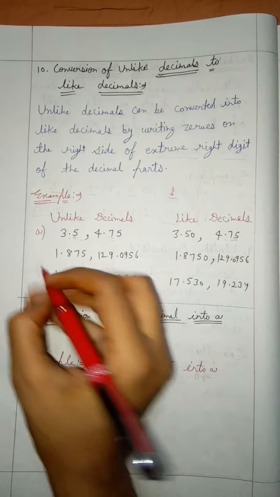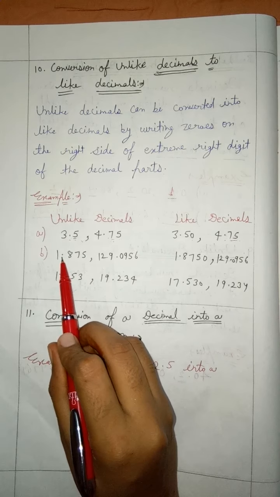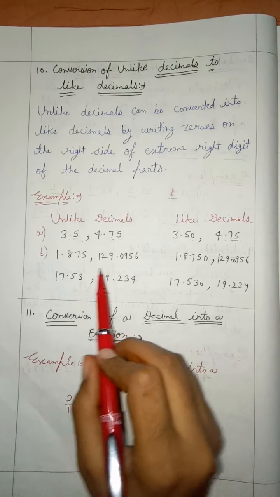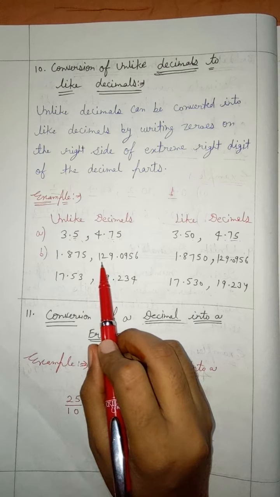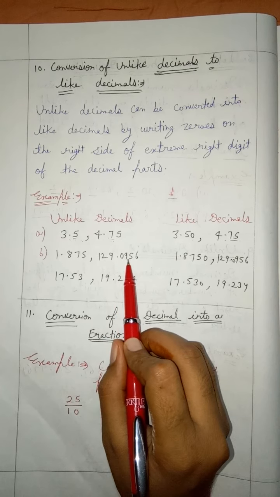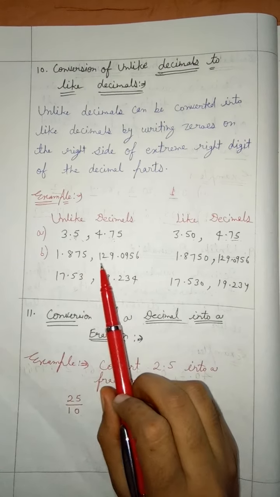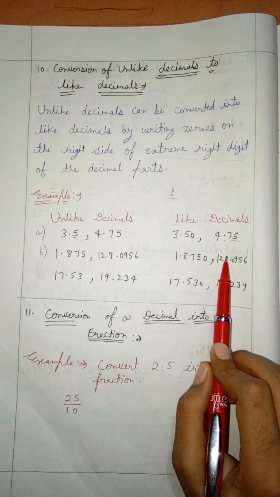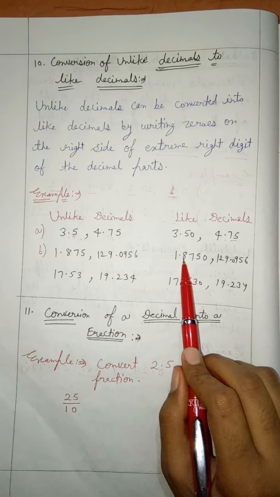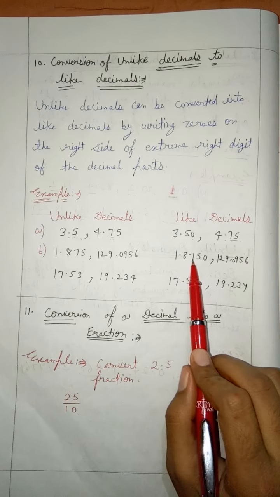And here the second example is given, 1.875. After the decimal, 3 digits are given, and the second decimal number is 129.0956. After the decimal, how many digits? 1, 2, 3, 4. It means to convert these unlike decimals into like decimals, we need 4 digits after the decimal.